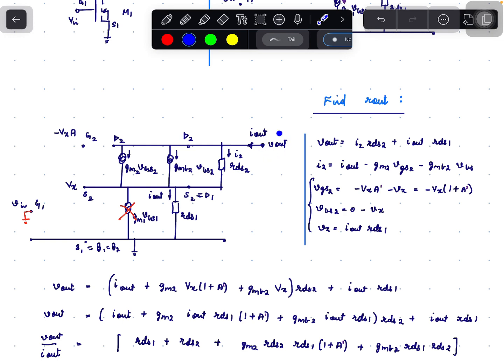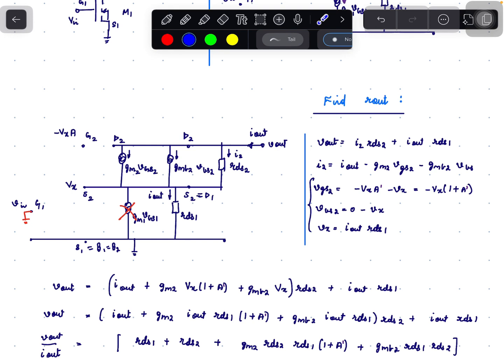V out is nothing but the current I2 times RDS2, that is the voltage drop across RDS2, plus the voltage drop across RDS1, that is I out times RDS1. Here the current I out gets divided into I2, GMB2 VBS2, and GM2 VGS2.